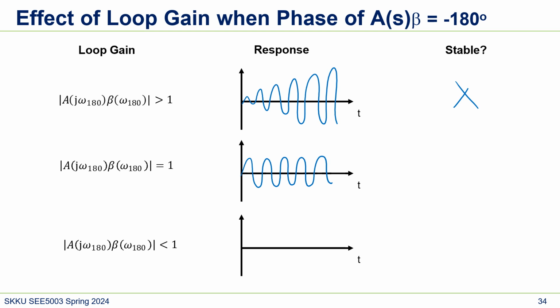When we implement the feedback for amplifying purposes, we don't want this oscillation, so it's not stable. But when the gain is smaller than 1, they're not accumulated. So they just settle to the value that we want. This would be our goal value, and this is stable.